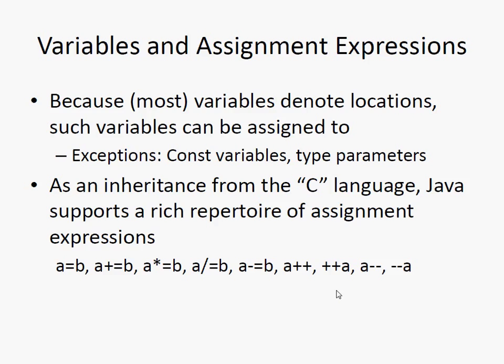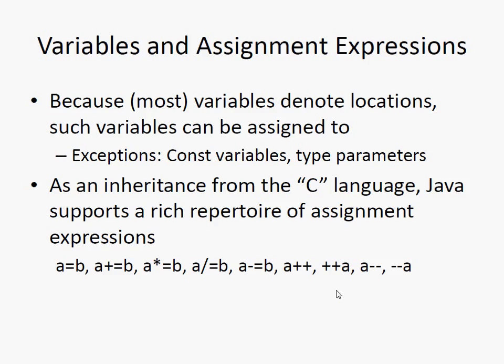How about A plus equals B? If B is 3, what does this do? It increases A by 3. It adds 3 to A. A times equals B multiplies A by 3.